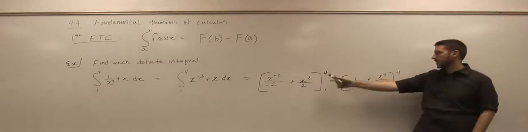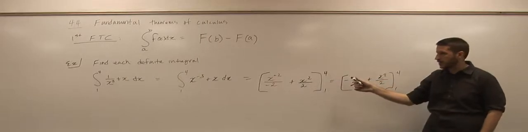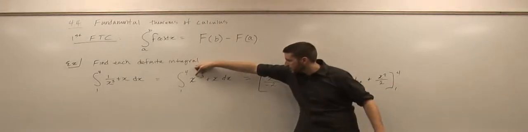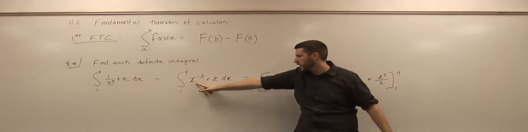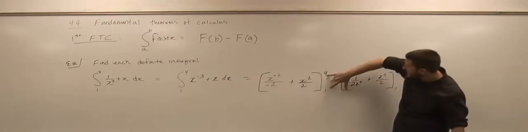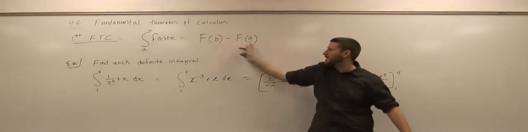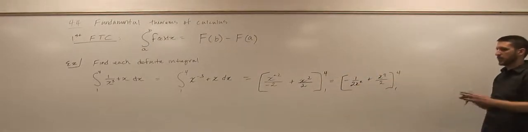Now we have to do our evaluation. When I write the numbers on the top and bottom like this, notice the integral sign's gone. As soon as I took the antiderivative, I got rid of my integral symbol. But I have to keep the numbers because I haven't subtracted yet. So now I plug in 4, I plug in 1, and I subtract.